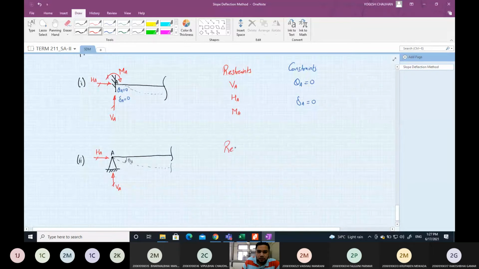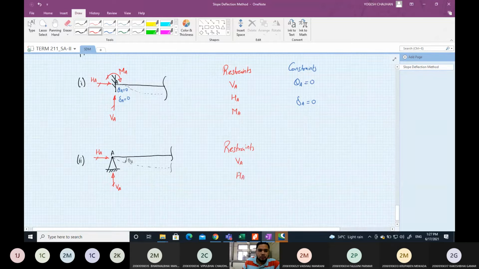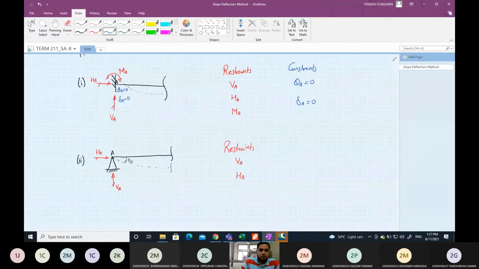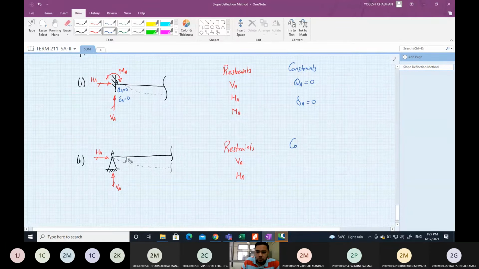So here restraints are VA and HA, and the constraints here will be the moment at A will be 0, because it is free to rotate.